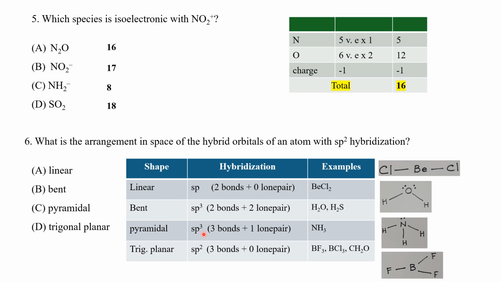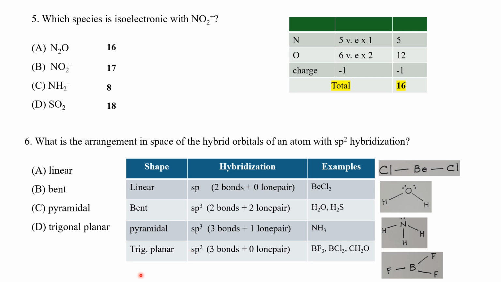Pyramidal shape or trigonal pyramidal shape, for example, ammonia, they are sp3 hybridized, 3 bonds and 1 lone pair. So here again, one s orbital mixes with 3 p orbitals to form 4 sp3 hybridized orbitals. Three sp3 hybridized orbitals overlap with hydrogen 1s orbitals on ammonia, and the remaining sp3 hybridized orbital contains a lone pair of electrons on nitrogen.